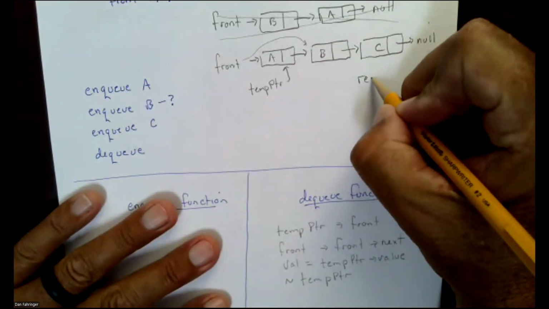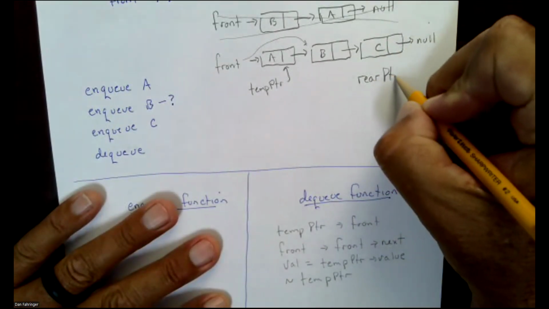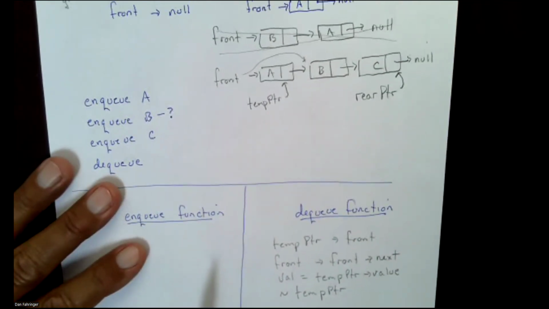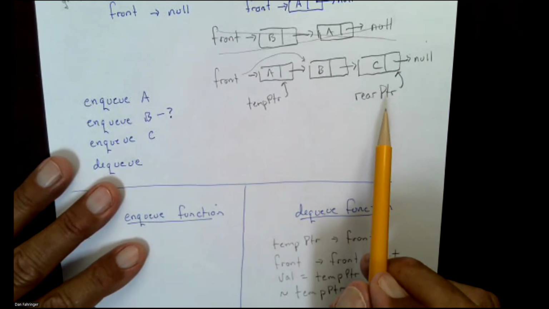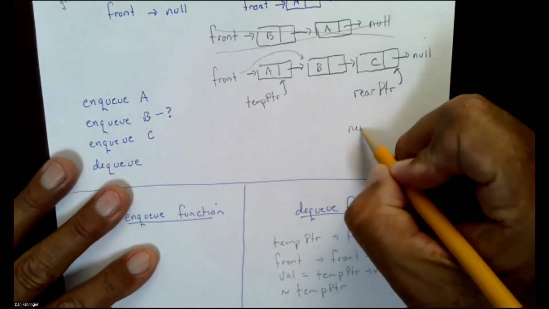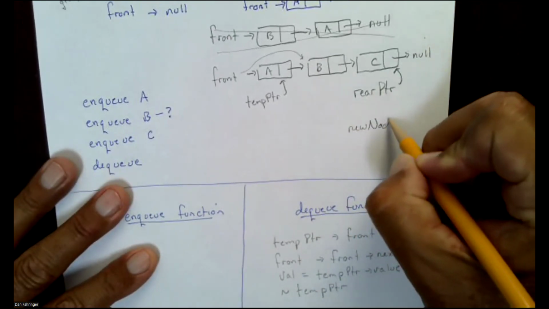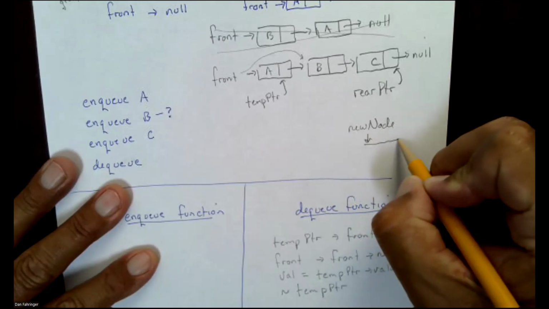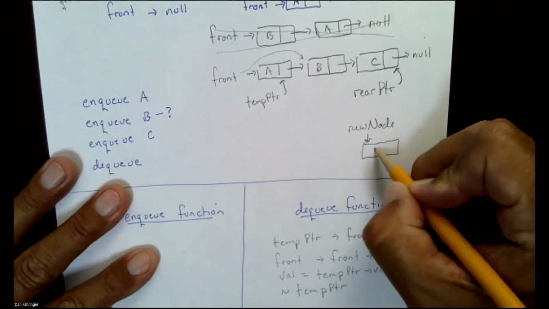Sure. The rear pointer is going to point to the end. So when I want to add a new node, here's my new node. That points to this guy, which is D.